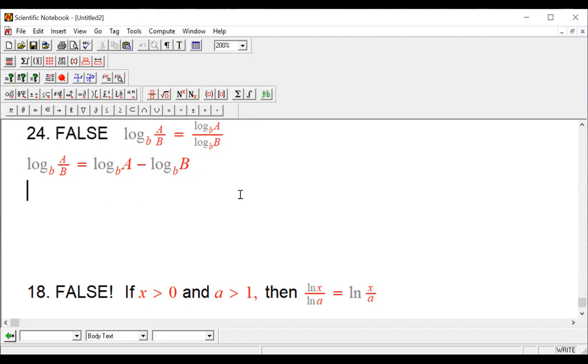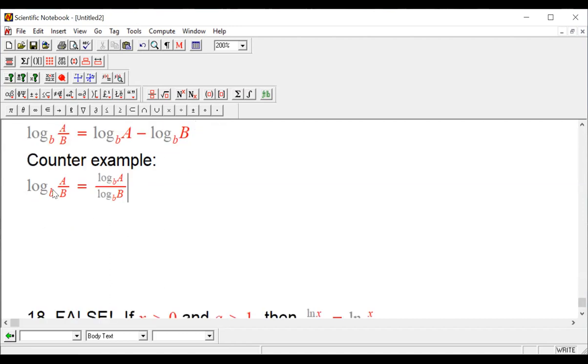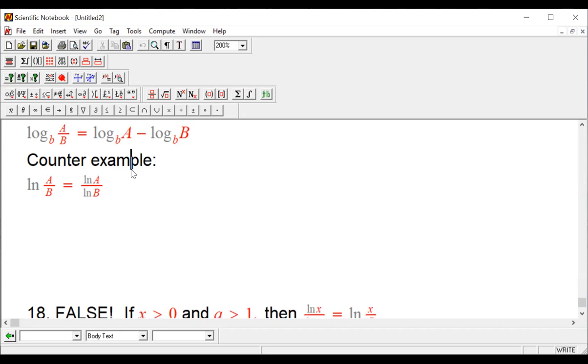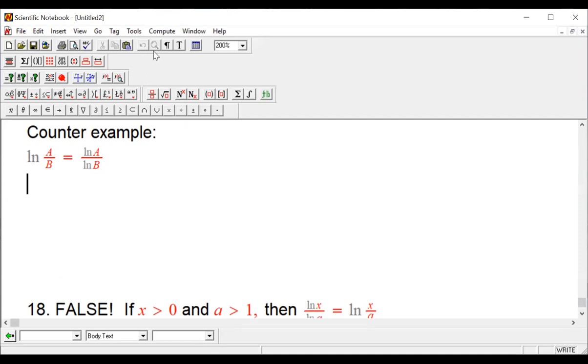So in order to leave you with any impression about this, I'm going to give you a counterexample. For this counterexample, because we're going to use natural log a lot, I'm going to use ln to show you how they are different, right? We already saw it in example number 18, but here I'm going to show you another one.